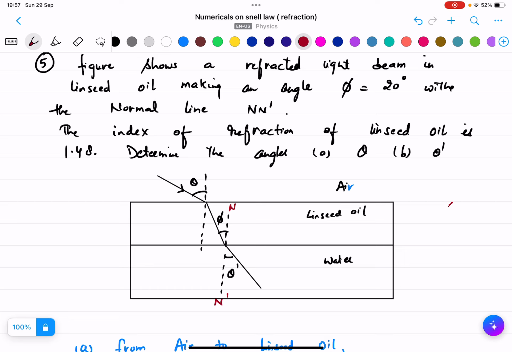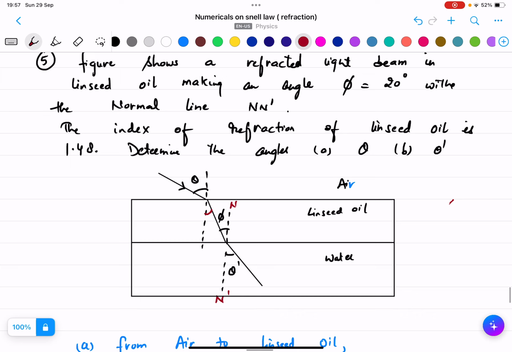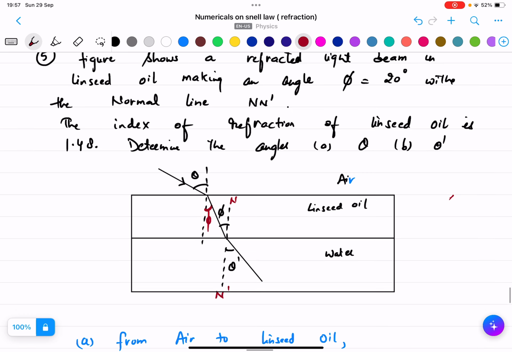Here it is showing a refracted light making an angle phi with the normal line. Now the angle of refraction is given to you. This angle is given to you, phi. And you need to find the theta and phi dash.